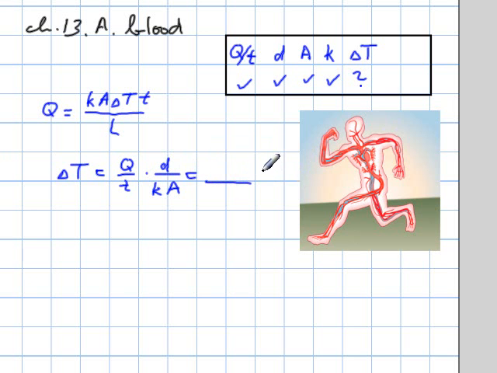Equals, and then of course you're going to come up with Celsius degrees for the answer, and it's going to be in the neighborhood of like 1 to 2 Celsius degrees, and so that's how much warmer the blood is just beneath the skin surface.